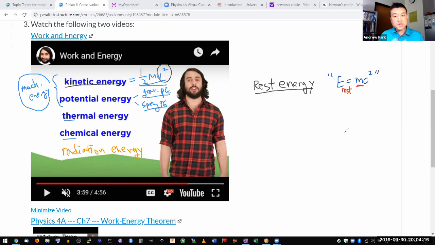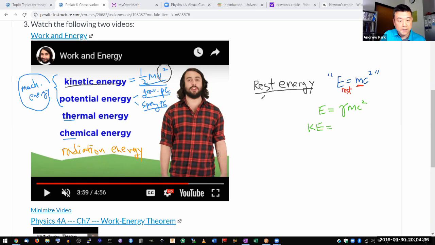And in special relativity, you will eventually see this expression that total energy is equal to gamma mc squared, where gamma is a numerical factor you will see. And in special relativity, kinetic energy gets rewritten this way.